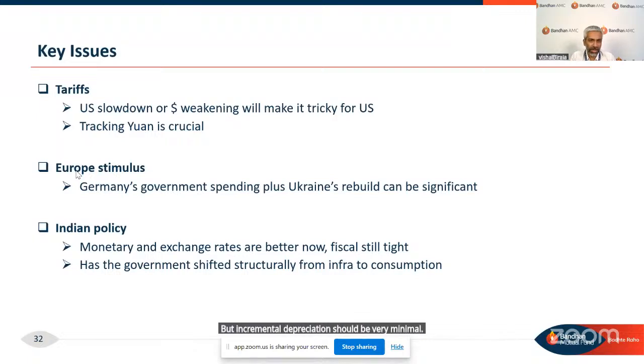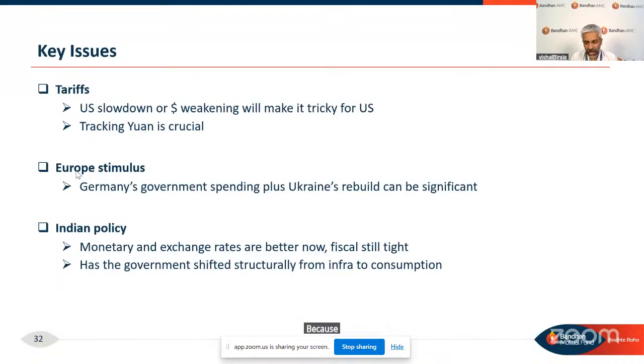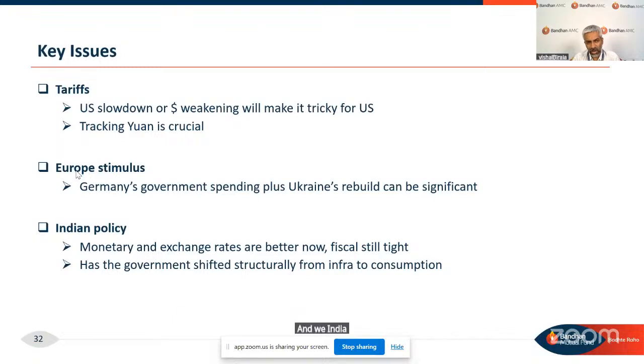And if that happens, then it is good for India, because if China depreciates the yuan, they become more competitive than anywhere else in the world. And the Indian rupee has depreciated more than the yuan over the last few years, and we expect this trend to continue. But watching the yuan will be very important.